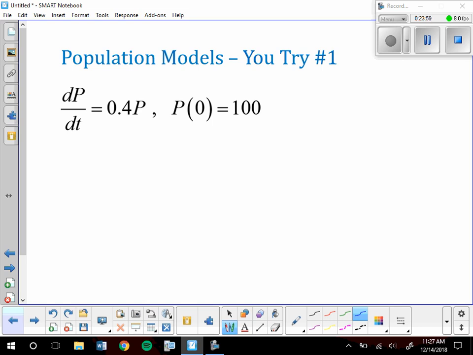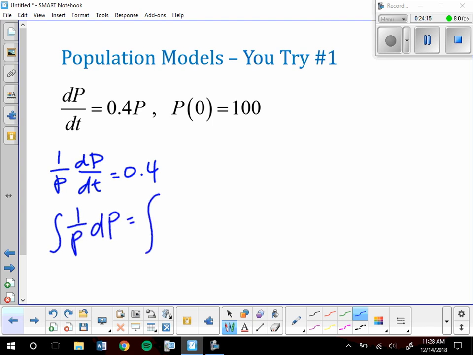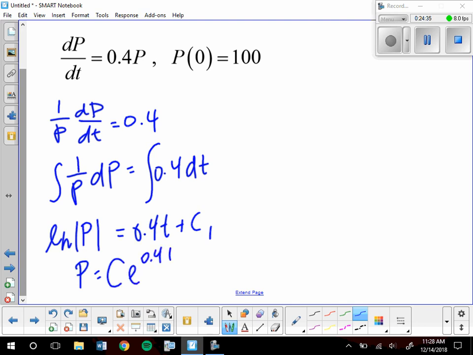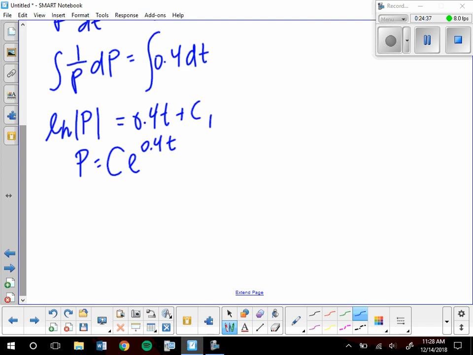Okay, so to solve this differential equation, I'm going to multiply both sides by 1 over p. I'm going to integrate. Get natural log of the absolute value of p is 0.4t plus some constant, which I know if I exponentiate and solve for p, I get some big constant, c e to the 0.4t.